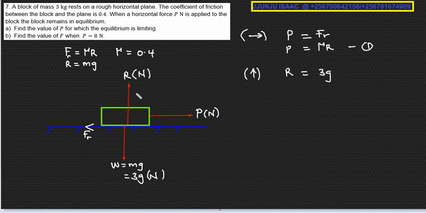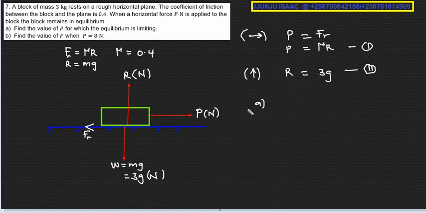So if we need to find the value of P for which the equilibrium is limiting, that is the maximum friction force. At limiting equilibrium, friction force is equal to mu R. So let us see what we get from these two equations.